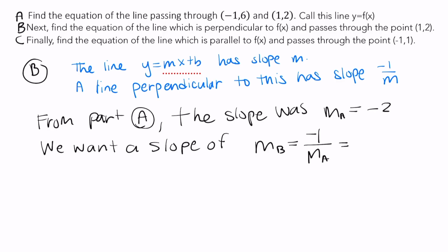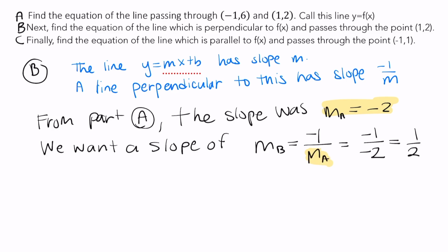So I want to replace what's in the denominator here with what I had from part A. So negative 1 over negative 2. So I want a slope of 1/2. So literally all I did was take this slope here and put it in the denominator. That's it.